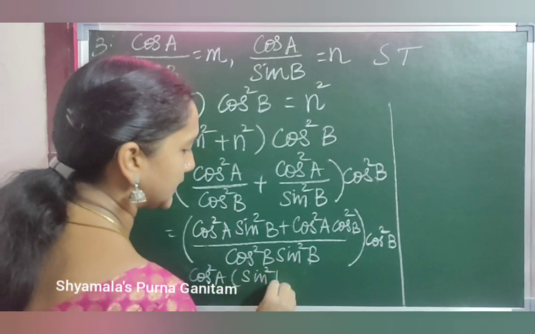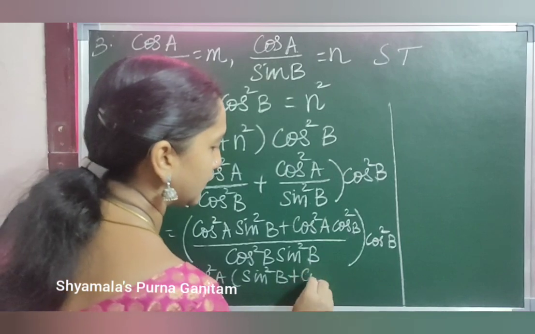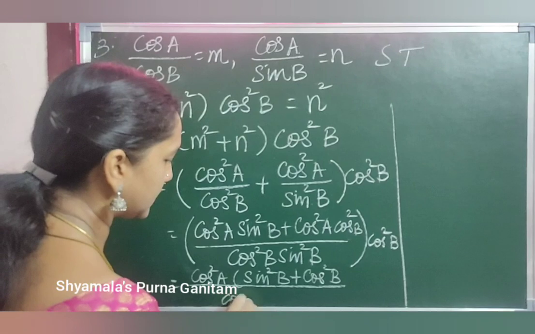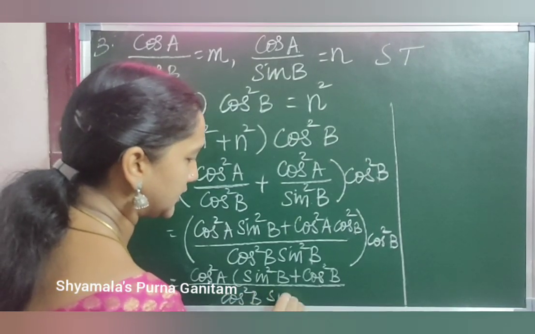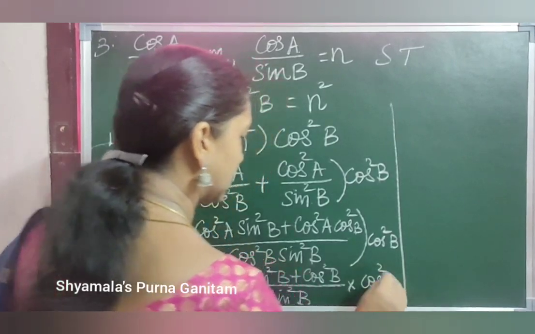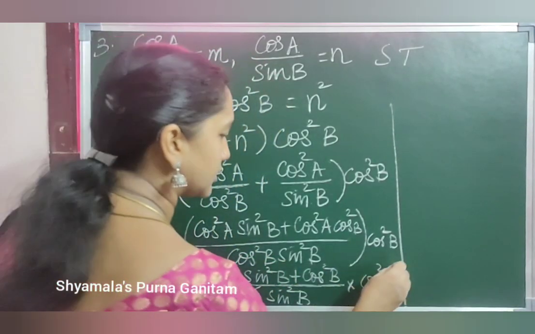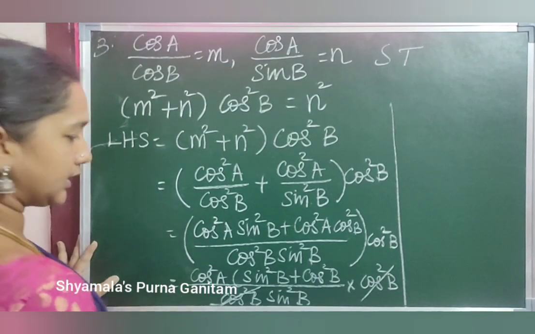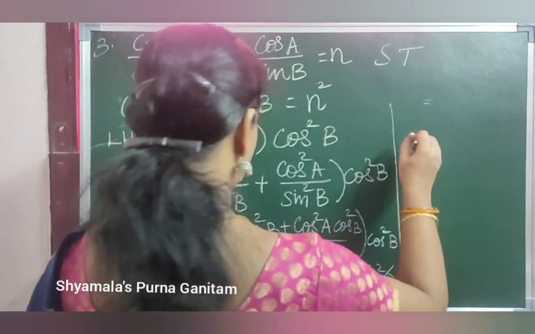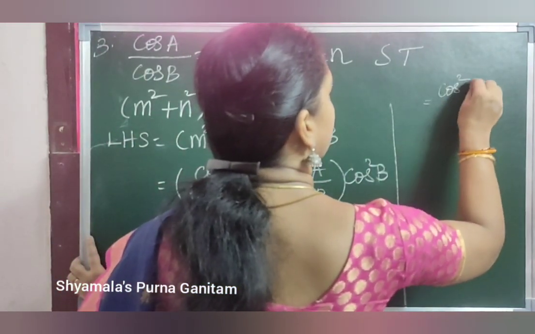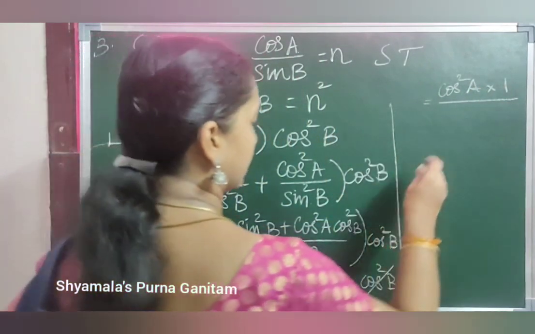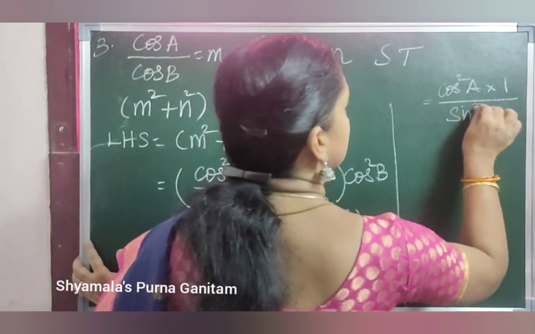The balance will be sin squared B plus cos squared B, by cos squared B into sin squared B, into cos squared B. So here cos squared B and here cos squared B will get cancelled. Sin squared B plus cos squared B is 1. So remaining is cos squared A into 1, and in the denominator I have only sin squared B.